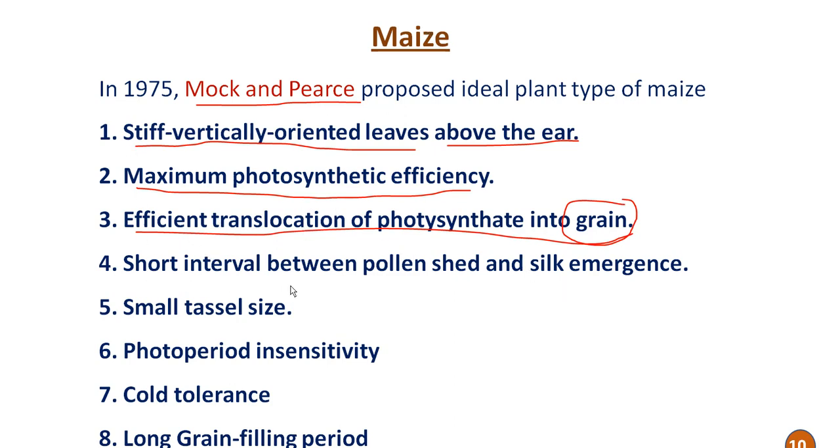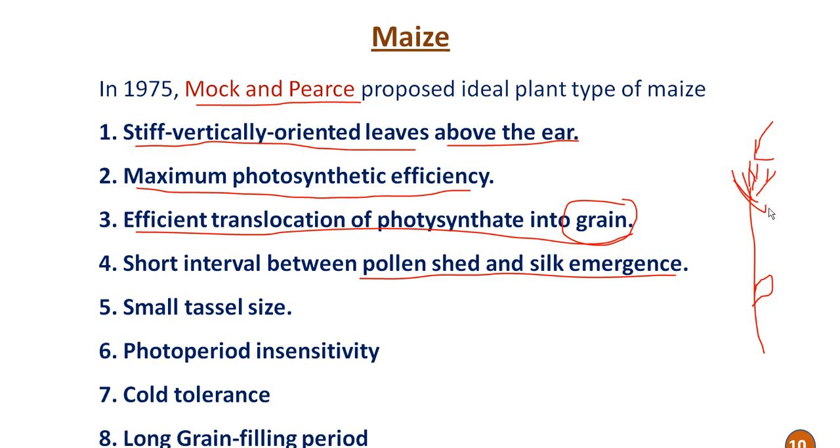Then a short interval between pollen shed and silk emergence. In maize, the plant has male and female flowers at different places. The male inflorescence in maize is called the tassel. It is located at the top.